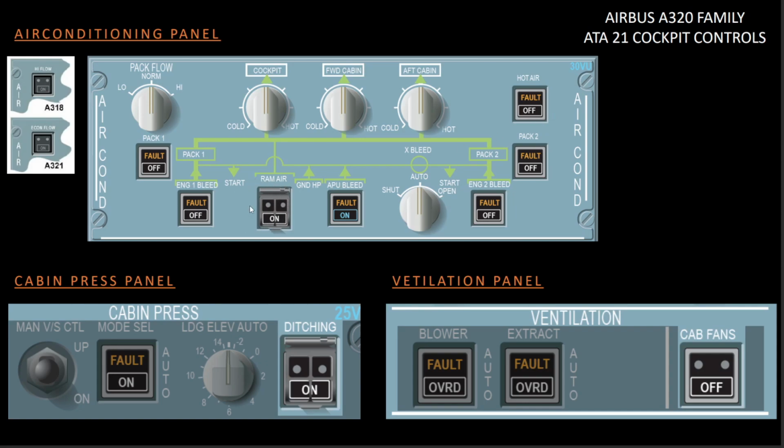And the next push button that we will discuss, which is located on the air conditioning panel, is this ram air push button. When you select it on, if ditching is not selected, the ram air inlet will open.